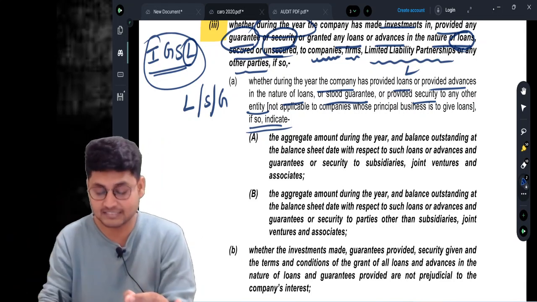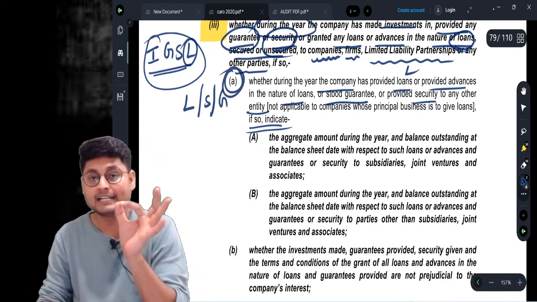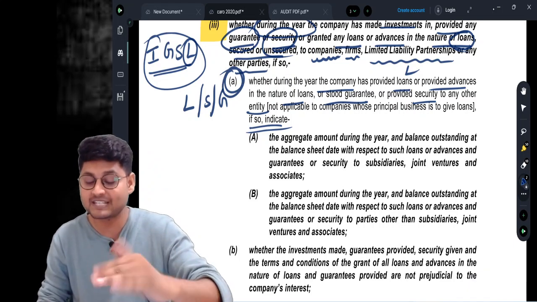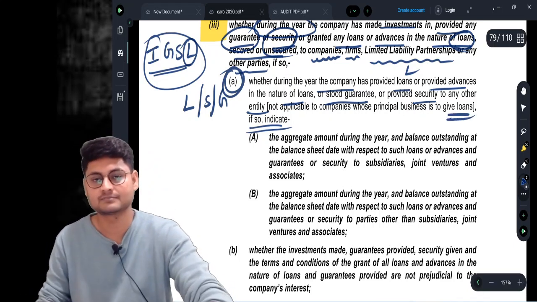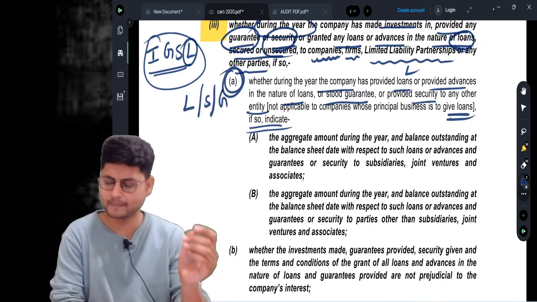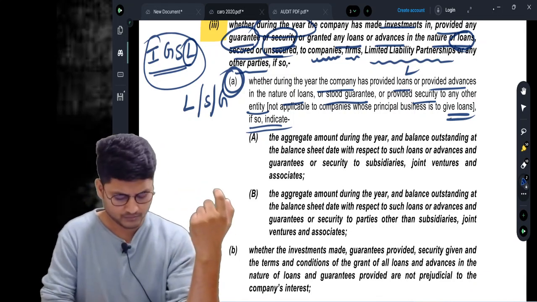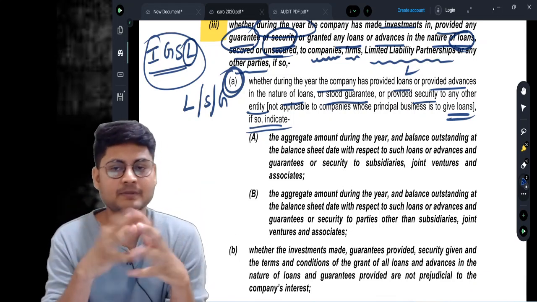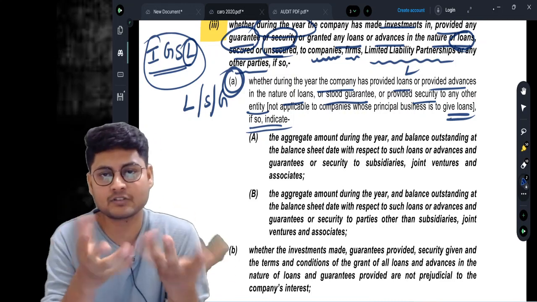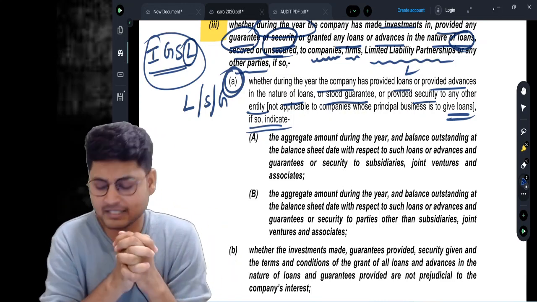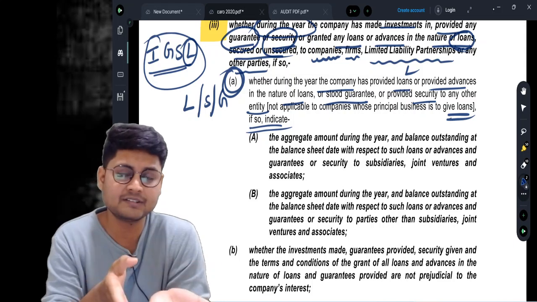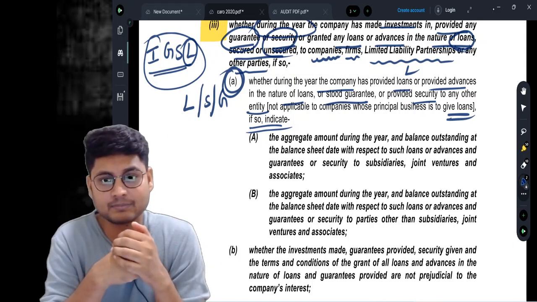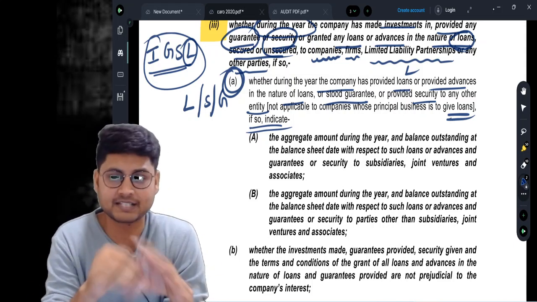This subclause A is not applicable for those companies whose principal business is giving loans. Generally, which business will have this principal business of giving loans? Either it can be banks or it can be NBFCs normally. For a banking company anyway, CARO 2020 is not applicable, but however for NBFC it is applicable.